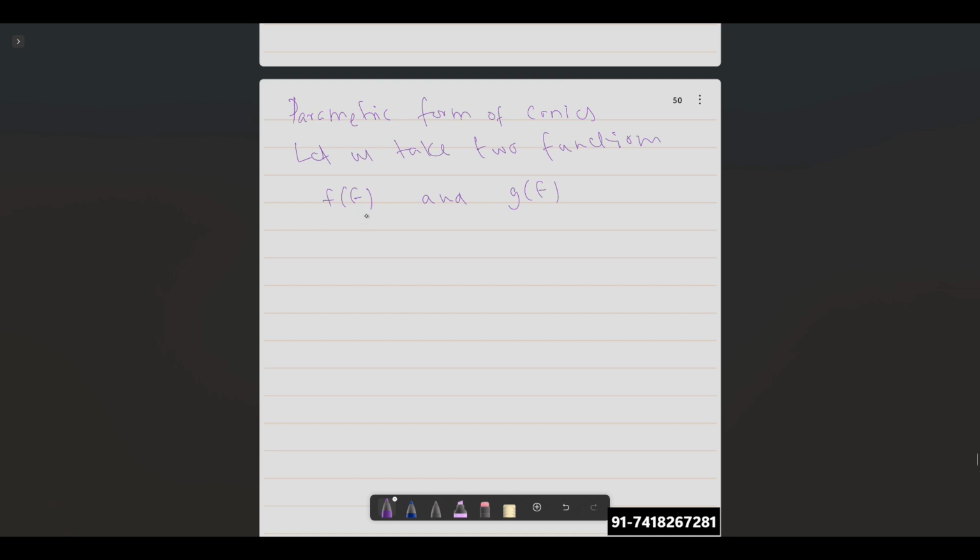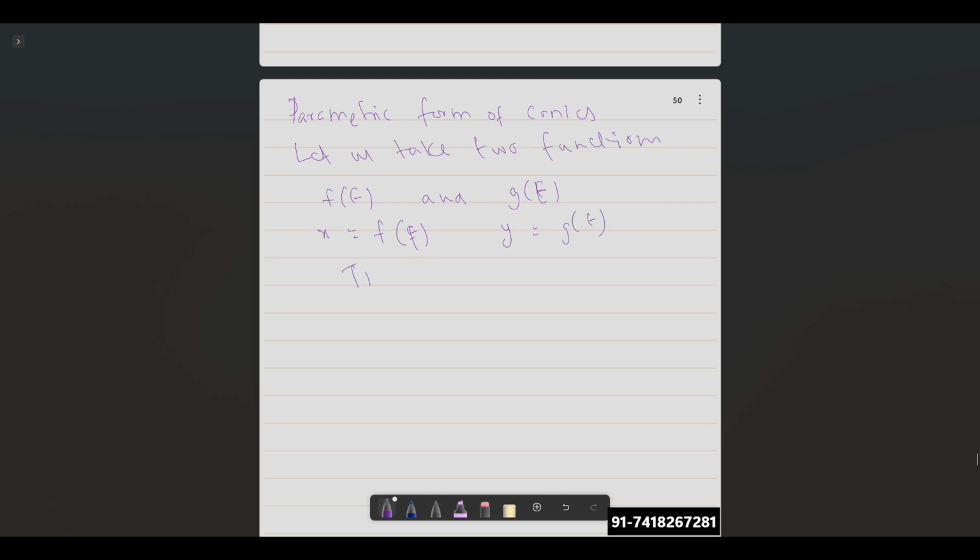Both are functions of one variable t, the same variable, but two different functions. We'll assign x for the x coordinate the function f of t, and then for y, g of t.